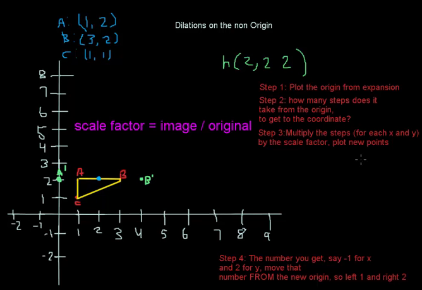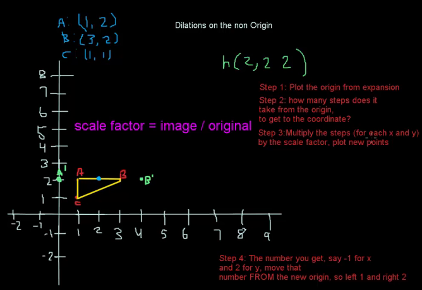Now let's do C. How many steps does it take from the origin to get to the coordinate? Left 1, but we also have to go down 1. So it's -1 and -1. On the x-axis it's -1, on the y-axis it's -1.